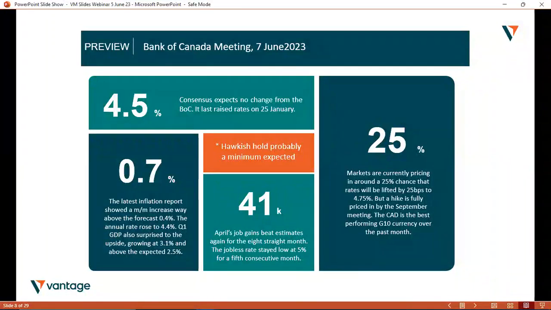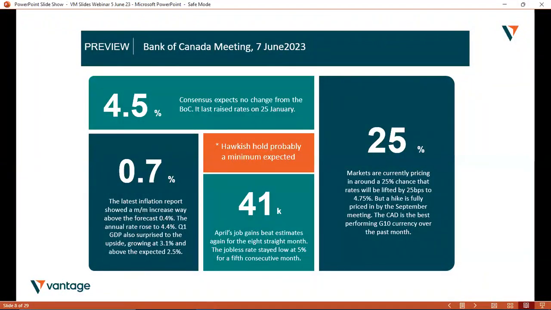In recent months, there has been expectation that the Bank of Canada would keep its policy rate unchanged through the whole of this year, actually. But then we've had stronger than expected GDP and also stronger than expected CPI metrics. You can see here 0.7% month on month, much higher than the 0.4% expected. And then GDP, as I said, better than expected, 3.1%, higher than the 2.5% expected.